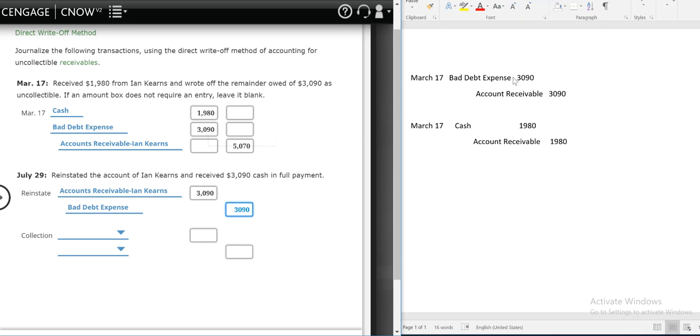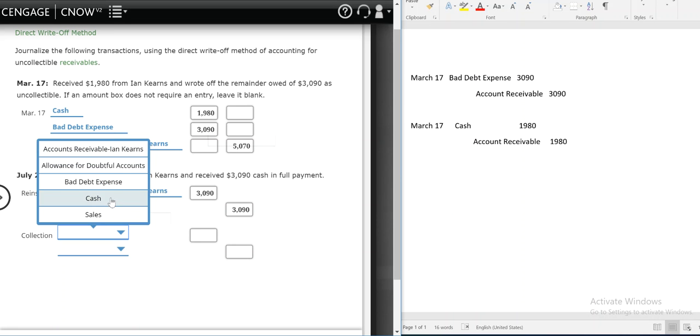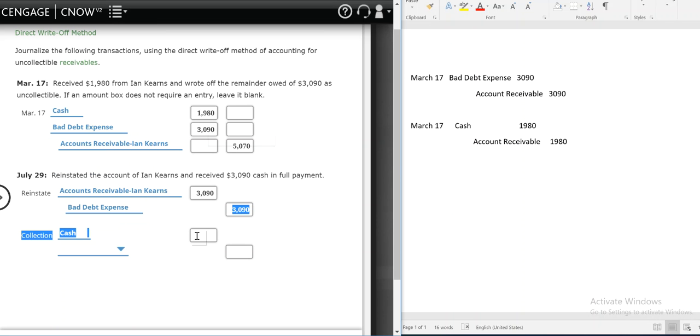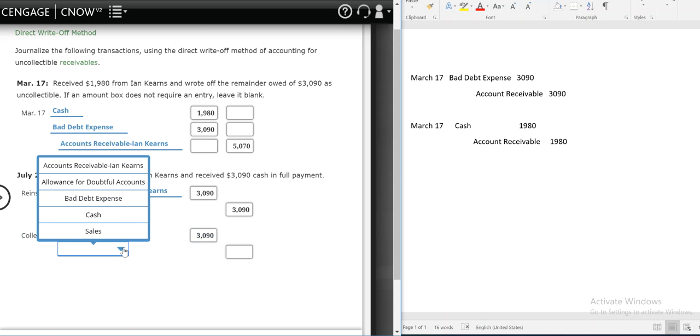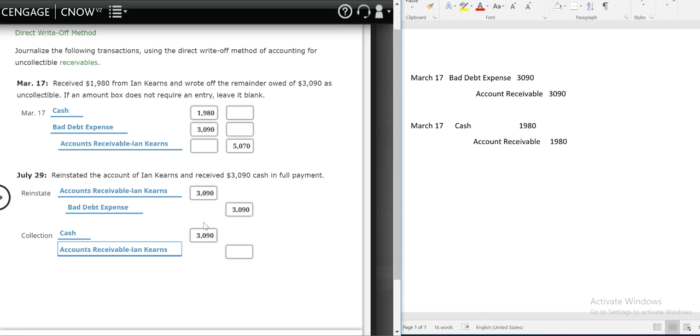Basically I'm reversing the entry, a debit to accounts receivable and a credit to bad debt expense. But that only fixes the problem of getting rid of the expense. We still have to record the collection of cash because he did pay. So we increase cash 3,090 and credit accounts receivable 3,090.